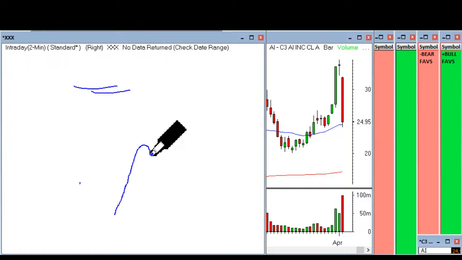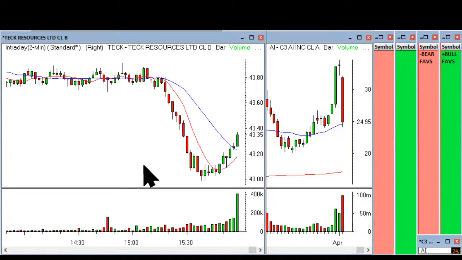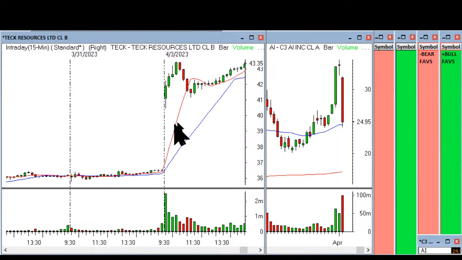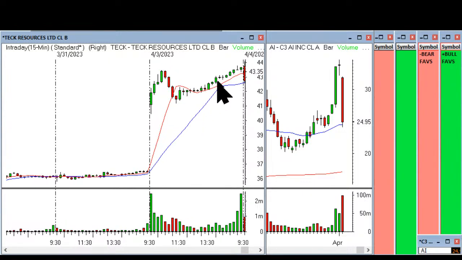What are you going to do? You're going to get out most of the time, even if you weren't trailing it bar by bar. That is what happened with me with TECK just yesterday. Here's the pop. Was that it? And then, no, I was out right here.